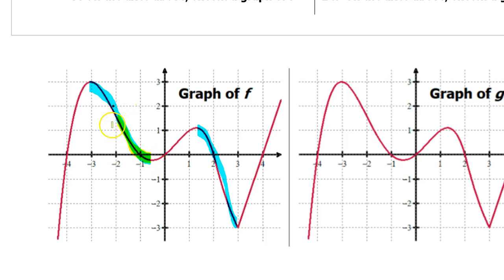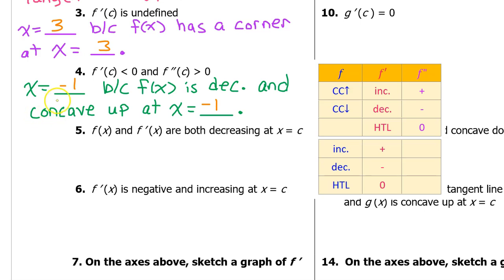We don't know exactly what the point of inflection is where f changes from concave down to concave up, so let's not pick a point that's close to that transition point. Let's pick a point that's more definitely in this area. Let's pick -1. X equals -1 because f of x is decreasing and concave up at x equals -1.